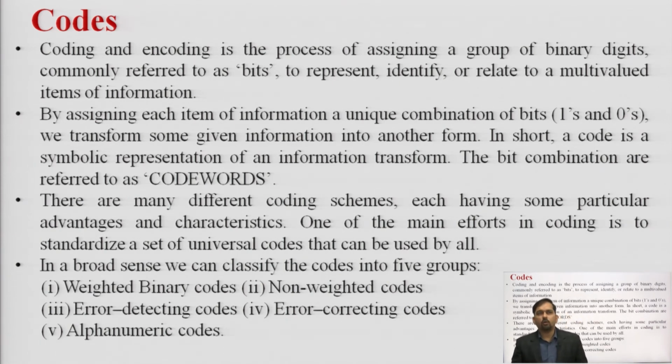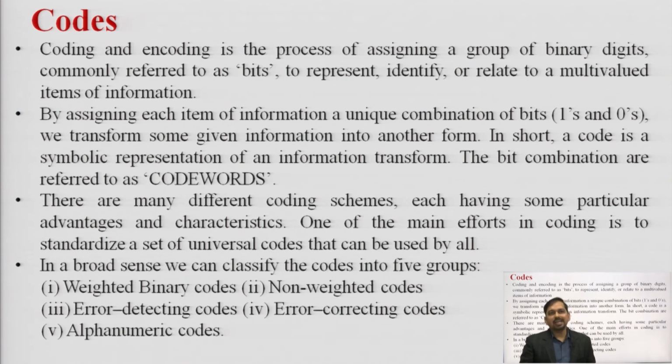So coding, or we can say encoding, is the process of assigning a group of binary bits, commonly referred to as bits, to represent, identify, or relate to valued items of information.